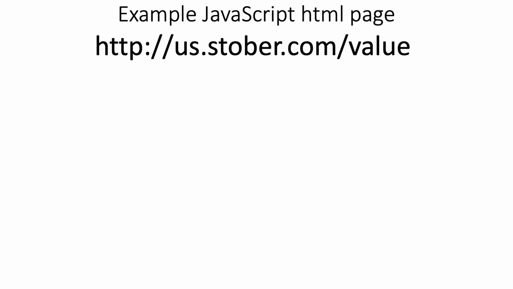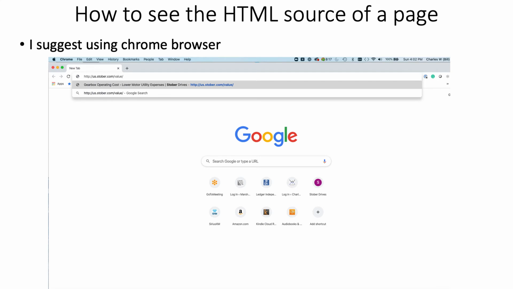That tells me, or I can predict, that that's in fact a directory on a web server, and that web server is set up so that it has some default program or some file that's going to be served when that web server is asked to just give a directory listing for a directory. In this case, the directory is value, and what it's going to do is run a program. That program is going to look like this, so that if we hit the enter key, we're going to get back HTML source.